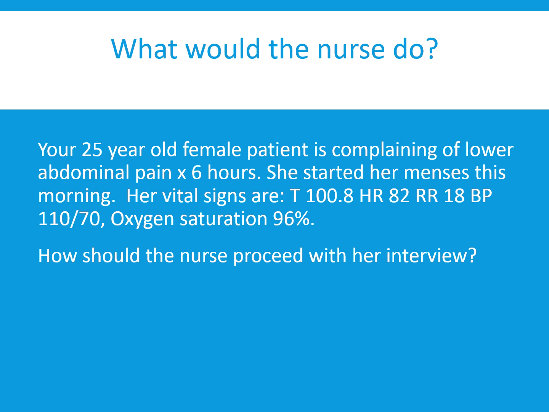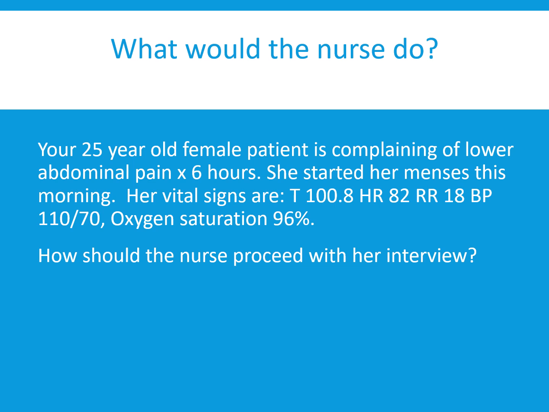So let's say we have a 25-year-old female patient complaining of lower abdominal pain for 6 hours. She started her menses this morning, and her vital signs are a temperature of 100.8, a heart rate of 82, respiratory rate of 18, a blood pressure of 110/70, and oxygen saturation of 96%.